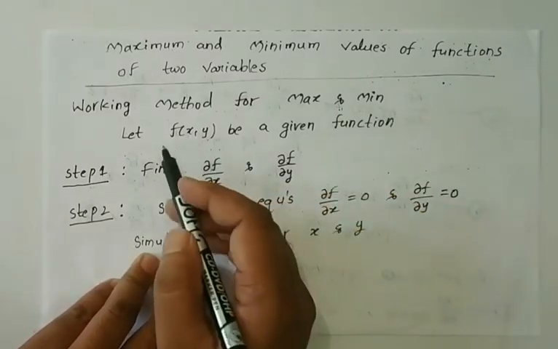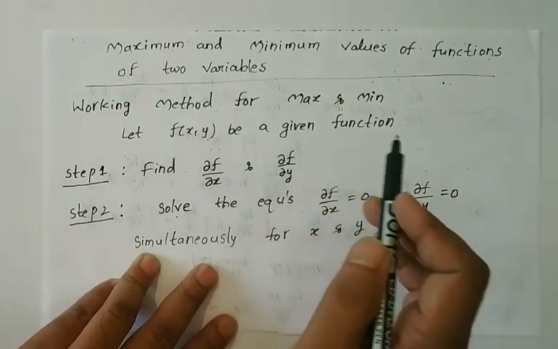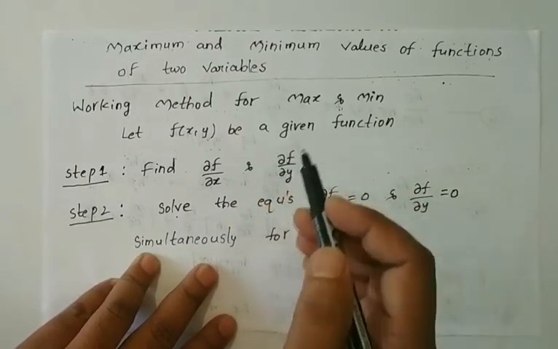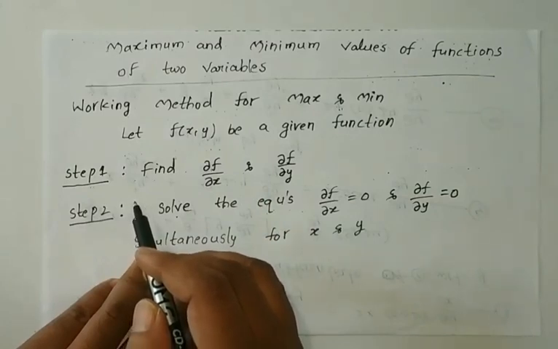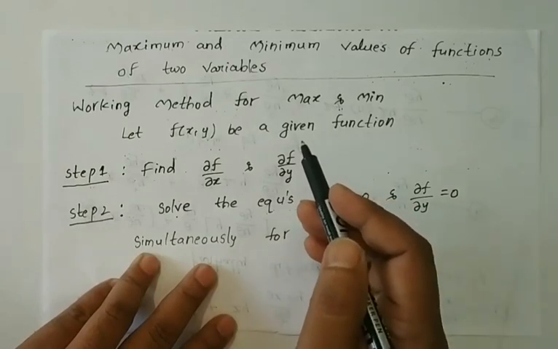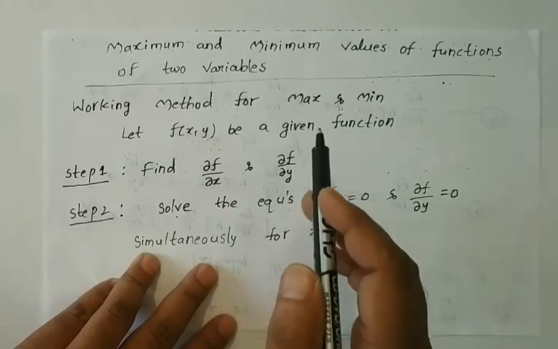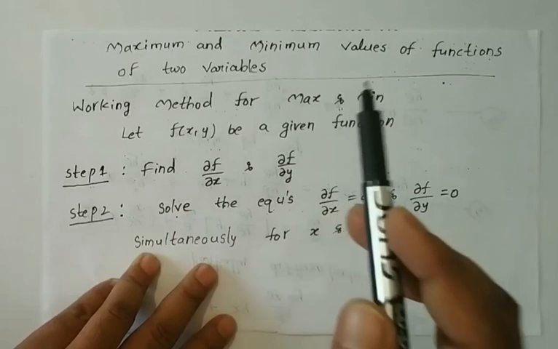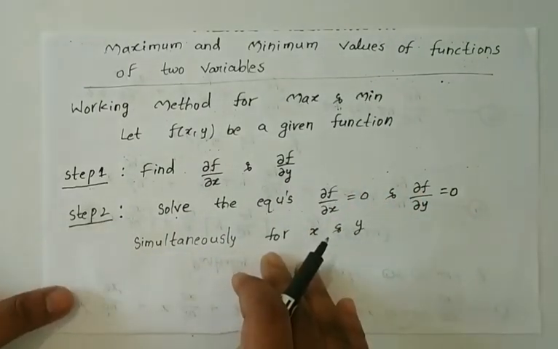First, let us consider f of x comma y to be a given function. For determining the maximum and minimum values of functions of two variables, first we have to find dou f by dou x and dou f by dou y.